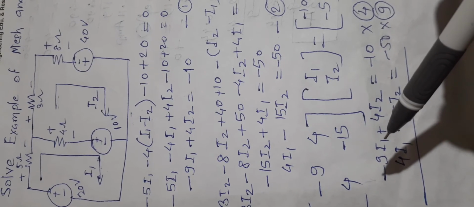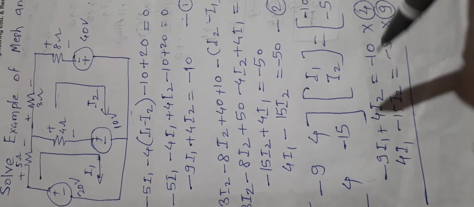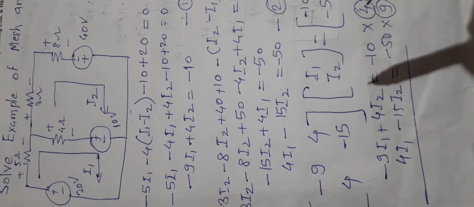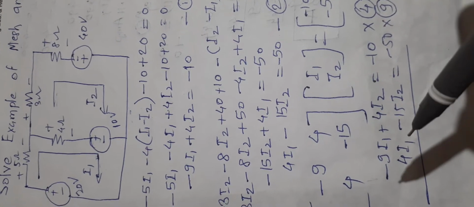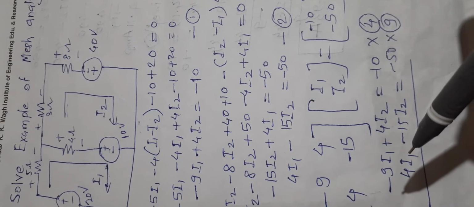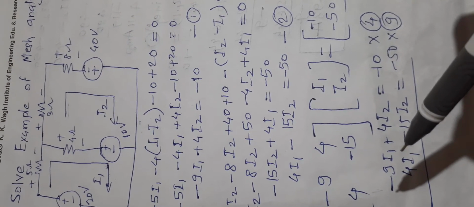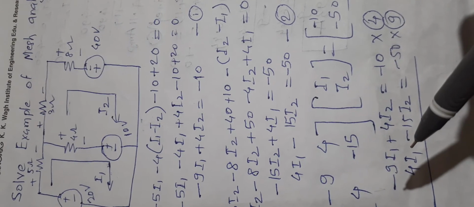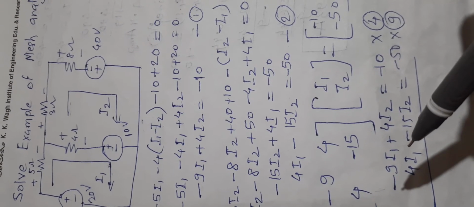Minus 9 I1 into 4, that is minus 36, and here plus 36 when I multiply 9 with 4. So two terms with the same value but opposite sign get cancelled.